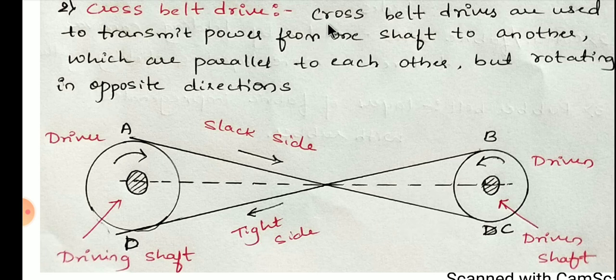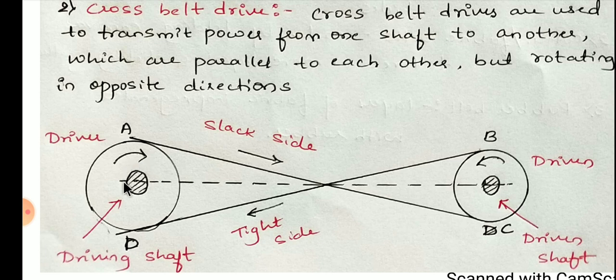Cross belt drives are used to transmit power from one shaft to another which are parallel to each other but rotating in opposite directions. Here this cross belt drive is used to transmit power from one shaft to another shaft which are parallel to each other but rotating in opposite directions.